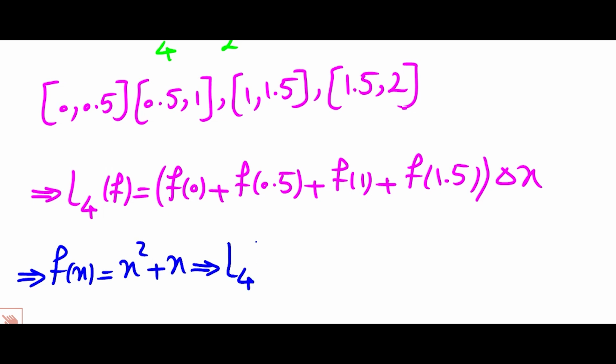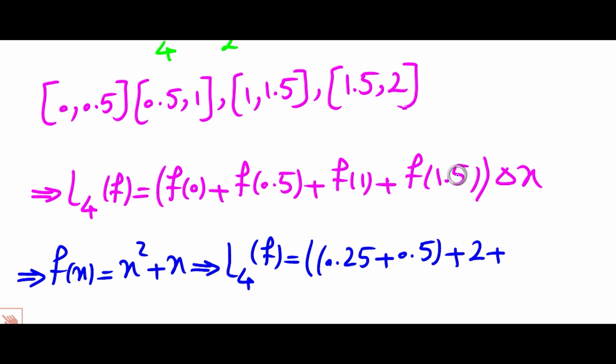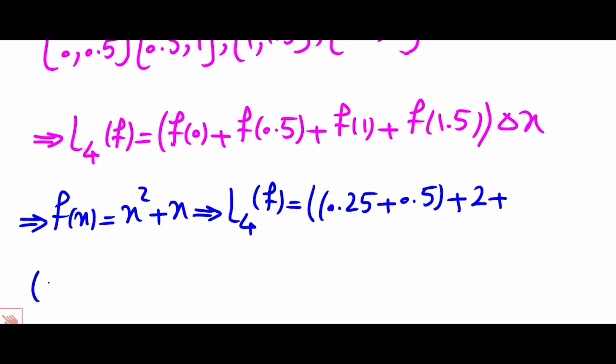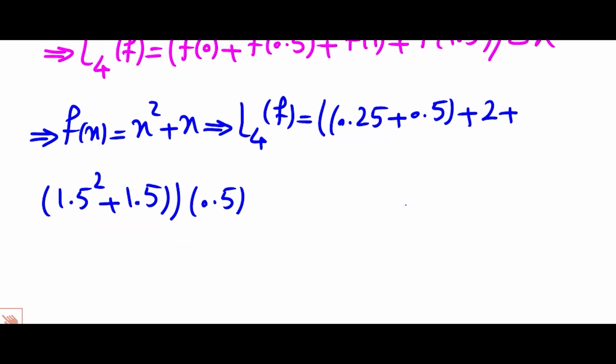So L4 of f equals f of 0, which is 0, plus f of 0.5, which is 0.5 squared, 0.25, plus 0.5, plus f of 1, which equals 1 plus 1, 2, plus f of 1.5, which means 1.5 squared plus 1.5, right, times delta x, which is 0.5.